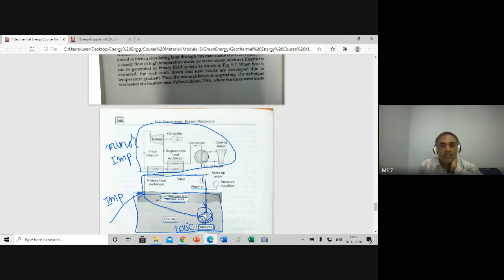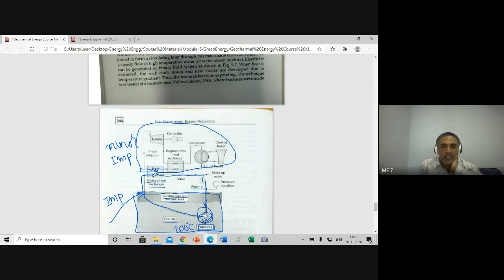Once this hot steam is taken, passing through like this, here is a heat exchanger, the primary heat exchanger. Inside this heat exchanger another fluid is flowing.